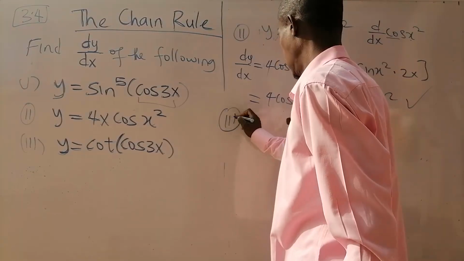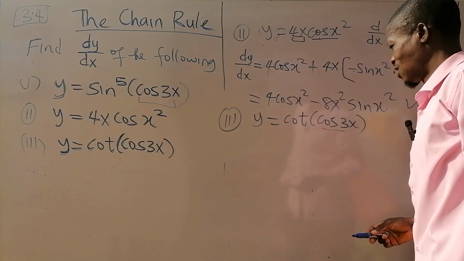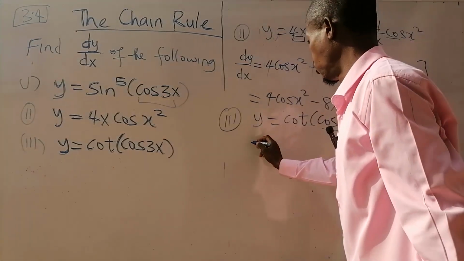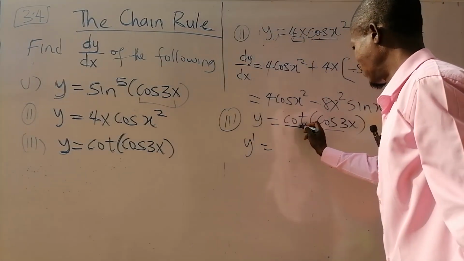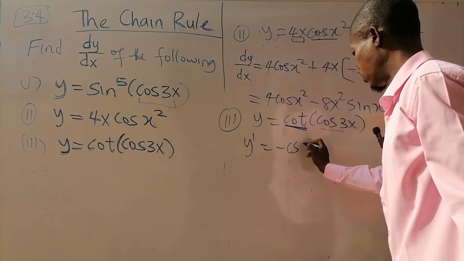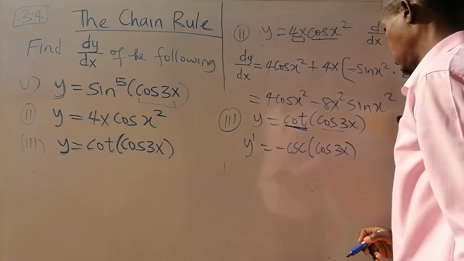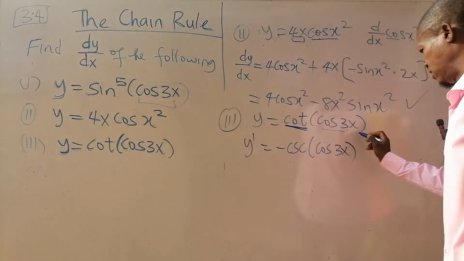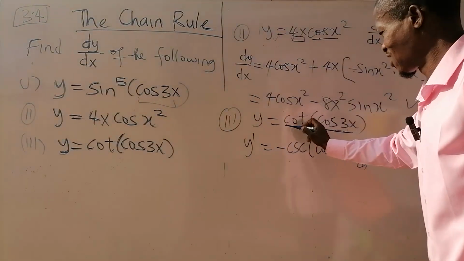The third one, we have this. This one is inside the cot. So the derivative is going to be, we differentiate the outer one, and the derivative of cot is minus cosec of the function. Then you differentiate the inner function. You have this one inside cot.